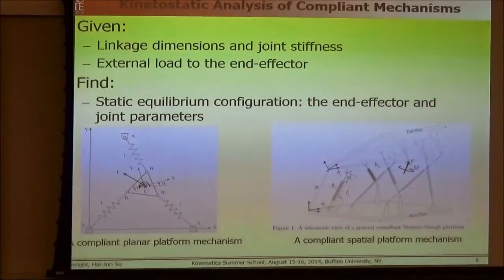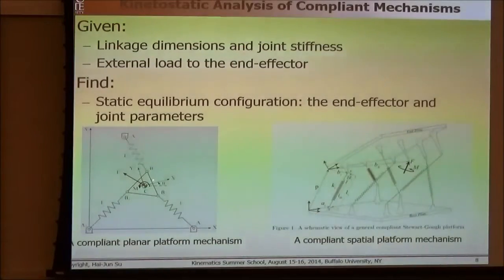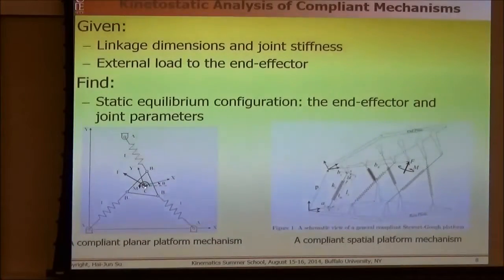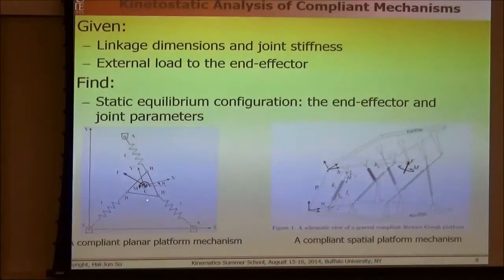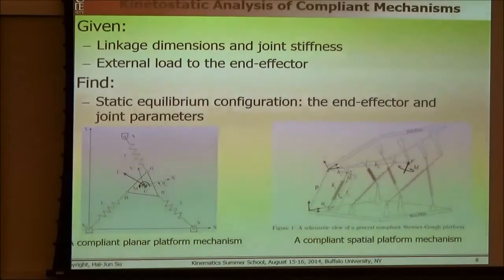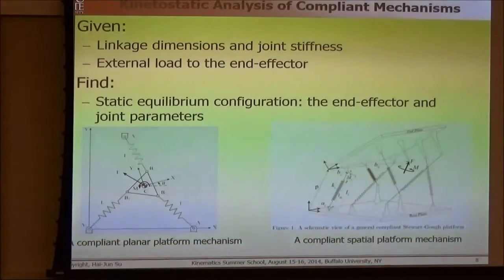The spring constants are given to you, and the problem is this: I apply a given force and moment to the platform, and the goal is to find where the platform can balance. That's a static problem. Actually, it's a coupled static and kinematics problem.